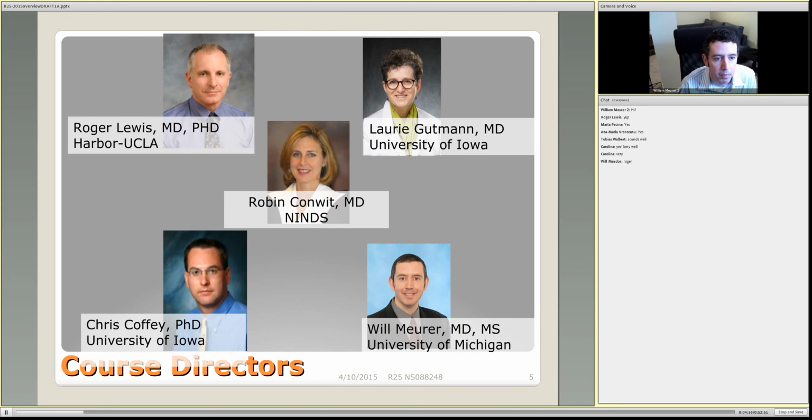Roger Lewis is an emergency physician who has advanced training in biophysics and biostatistics. Lori Gutman is a neuromuscular neurologist at the University of Iowa. Robin Conwit is at the National Institute of Neurological Disorders and Stroke, and is also a neuromuscular neurologist. And Chris Coffey is a biostatistician at the University of Iowa.